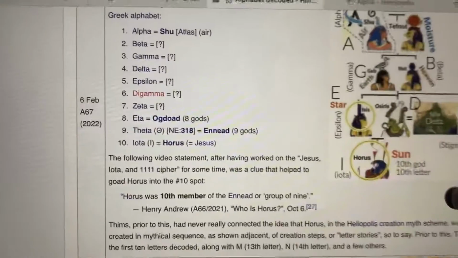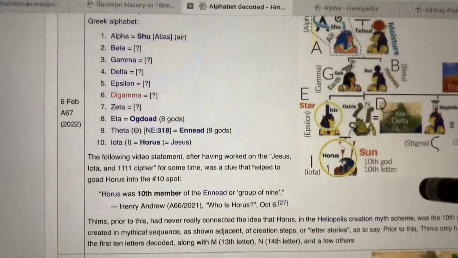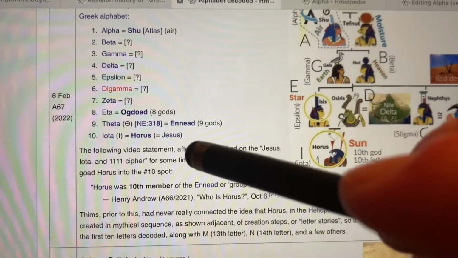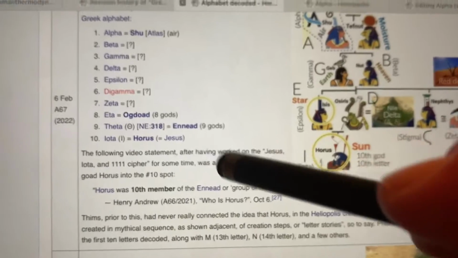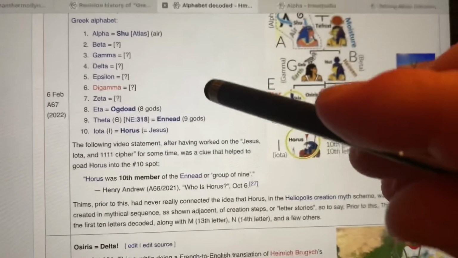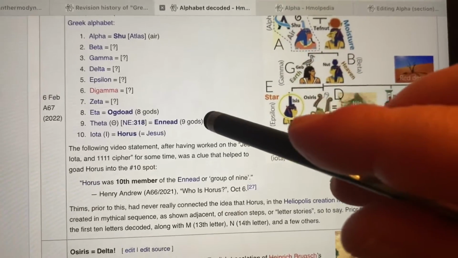So at this point, February 6th, we decoded that Horus equates to iota through alphanumeric cipher of 111. And at this point, these weren't decoded yet.